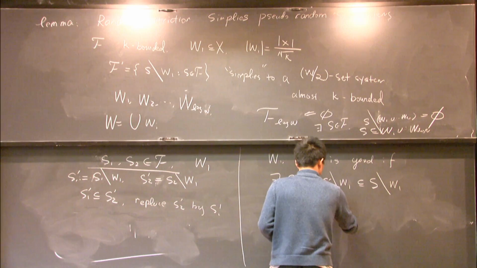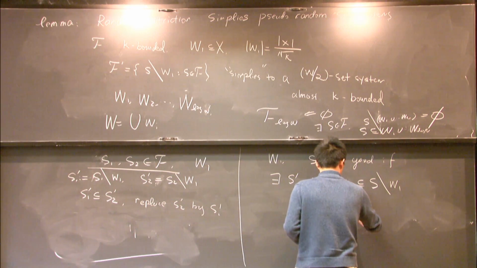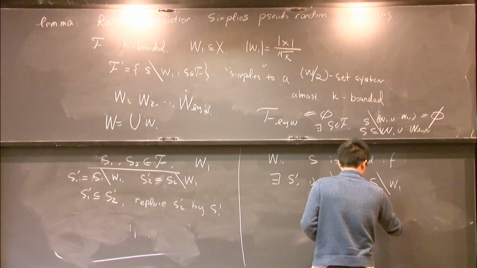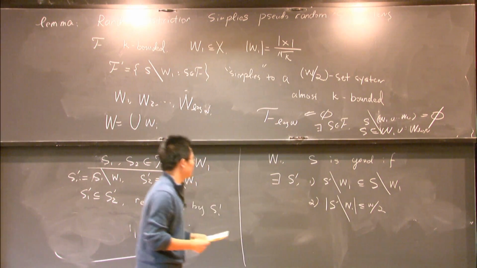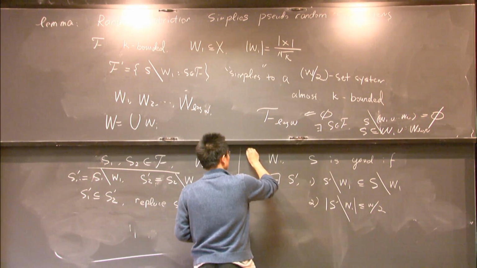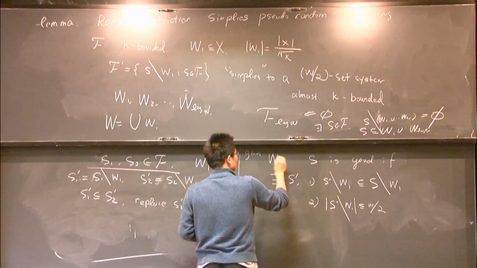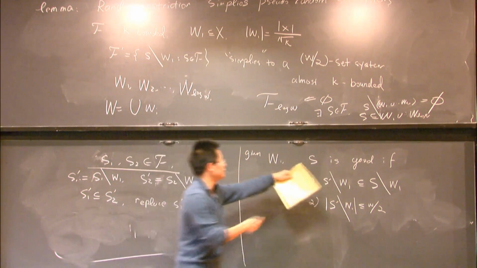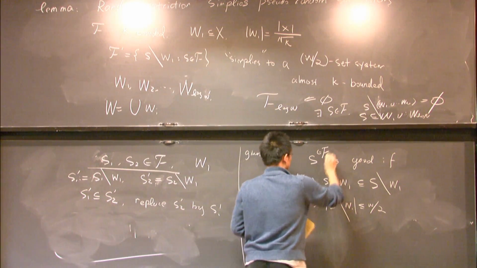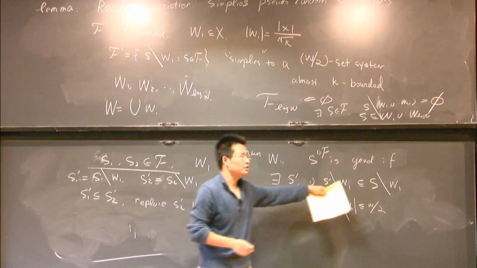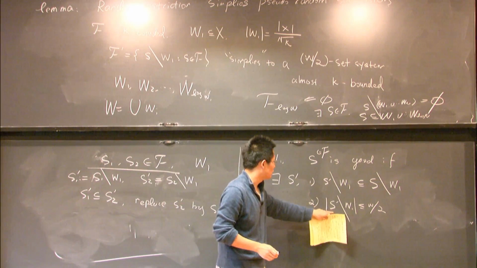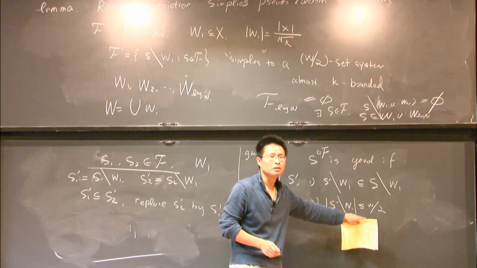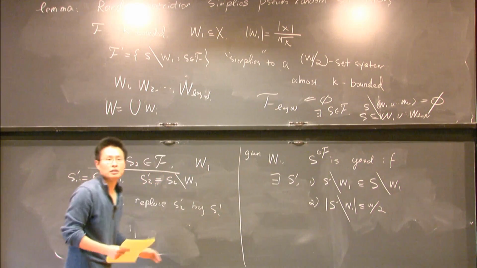Second, we call S from F good if there is another S prime such that this is true, and also the difference of S prime and W1 is bounded by W over 2. Okay, so this is the definition.